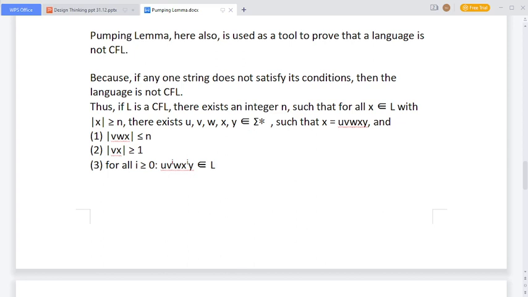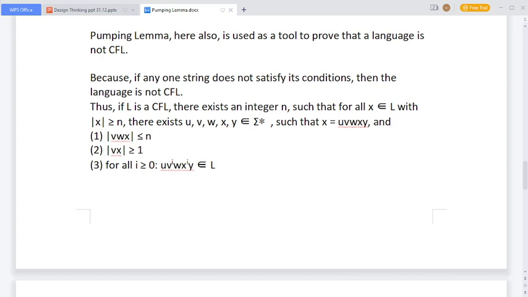It also belongs to sigma star, such that the string is equal to u, v, w, x, y, and as in the previous one, here they are going to use the terms u, v, w, x, y.